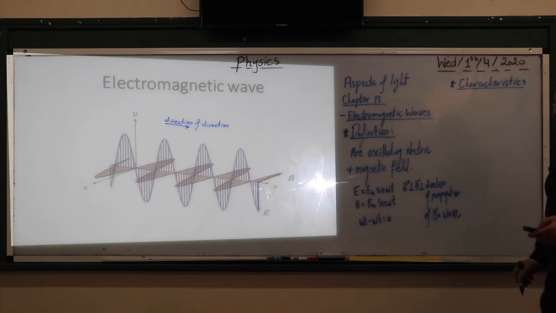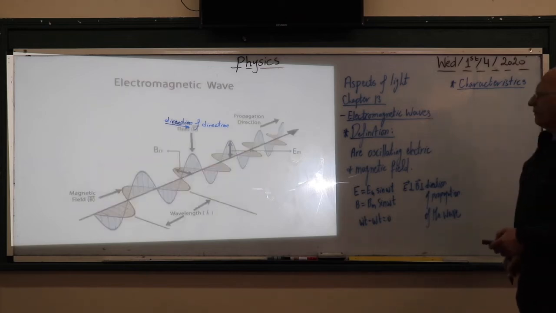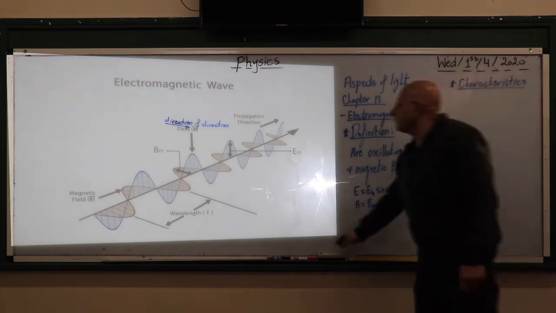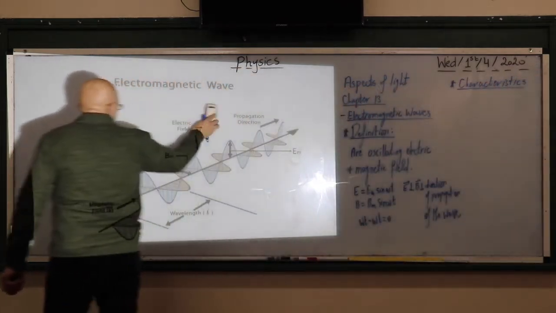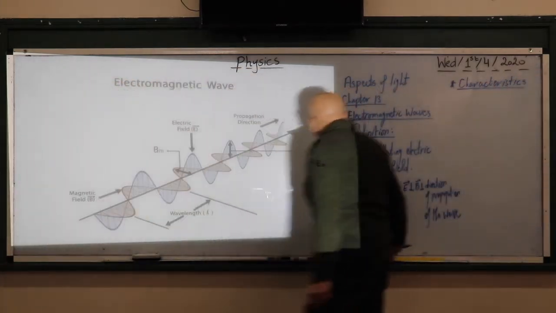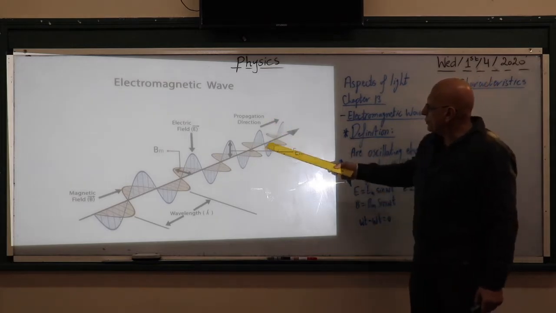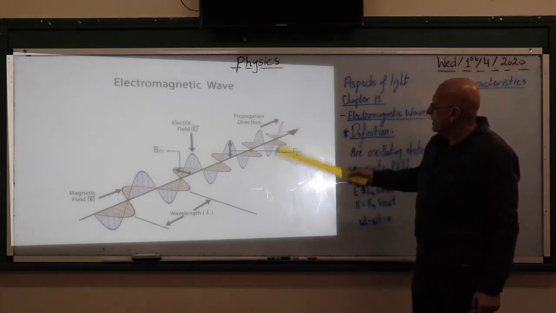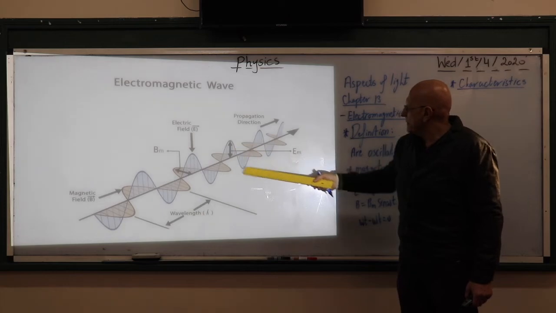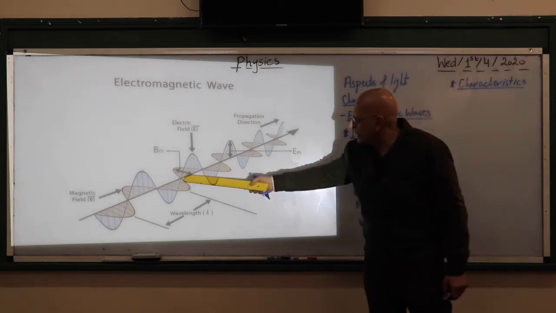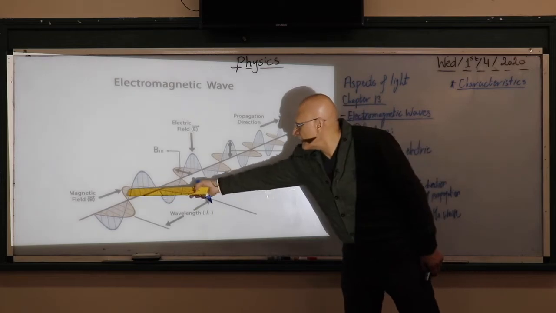Let's look at this image. This image shows the direction of propagation of the wave. The blue one is the electric field, which is perpendicular to the magnetic field. This is the magnetic field.